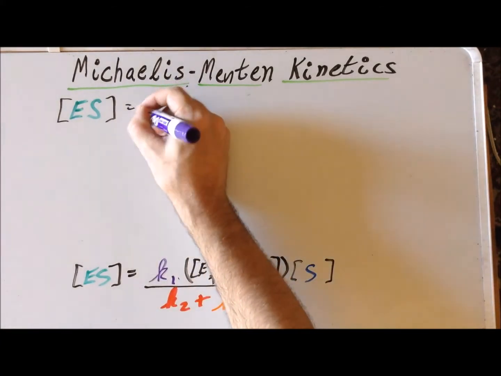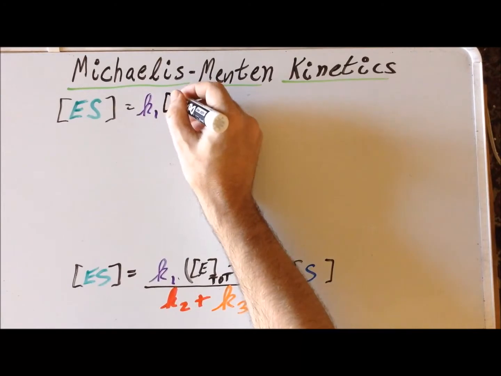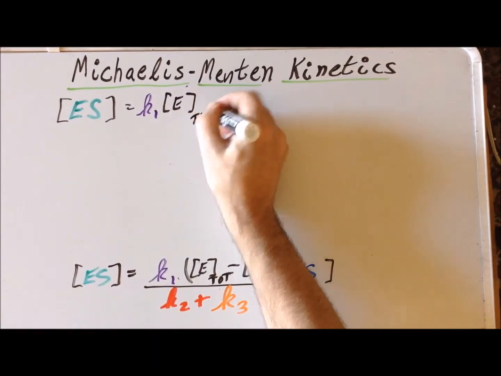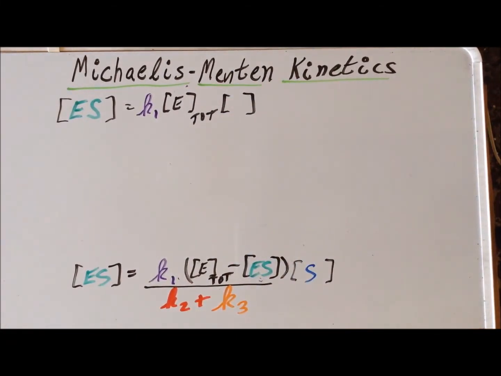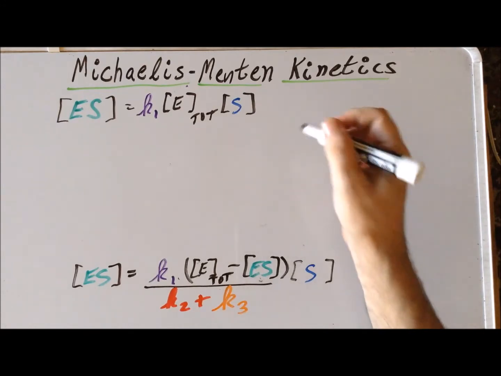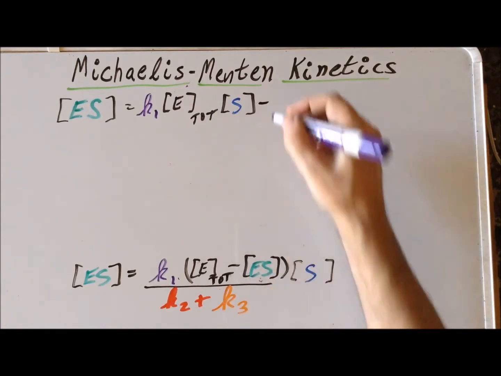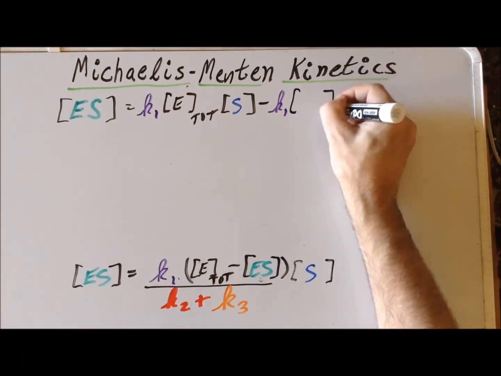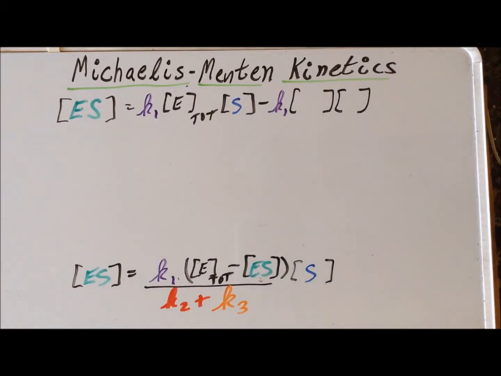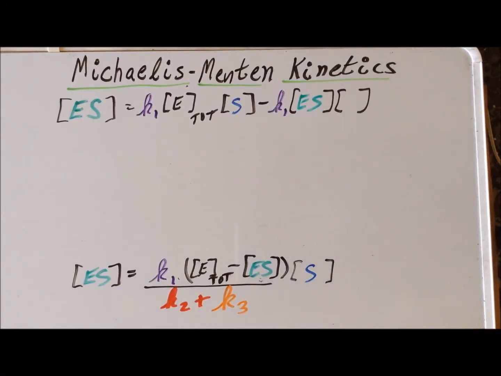So that gives us K1 times the total concentration of enzyme times the concentration of the substrate, and then minus K1 times the concentration of the enzyme-substrate complex, ES, times the concentration of the substrate.